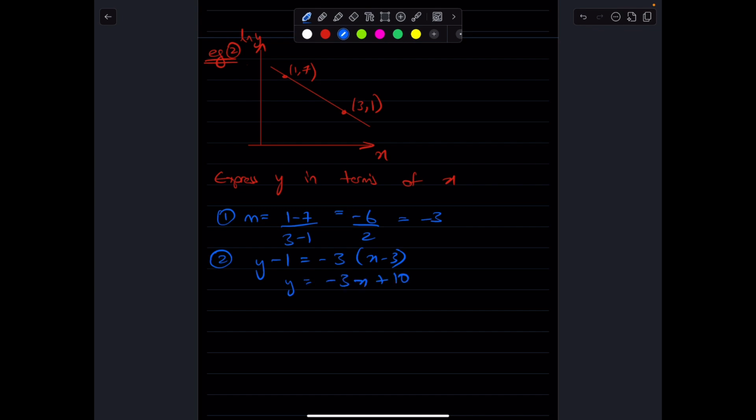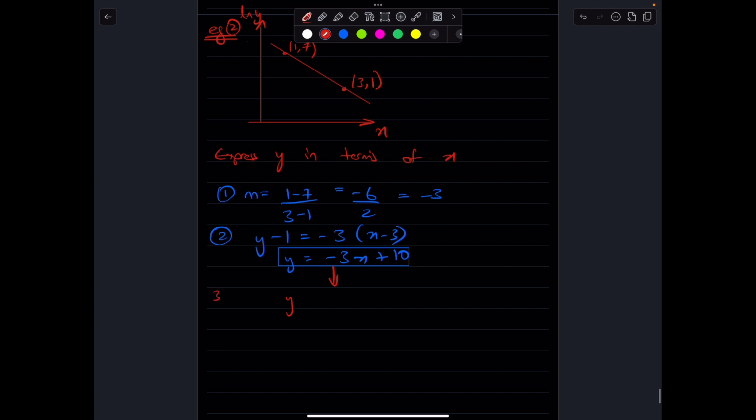This is what we have. We'll replace the x and y axis. Thus we have ln y replacing the y axis and minus 3x as it is plus 10.